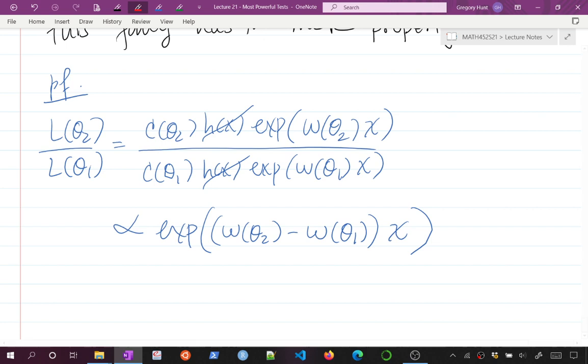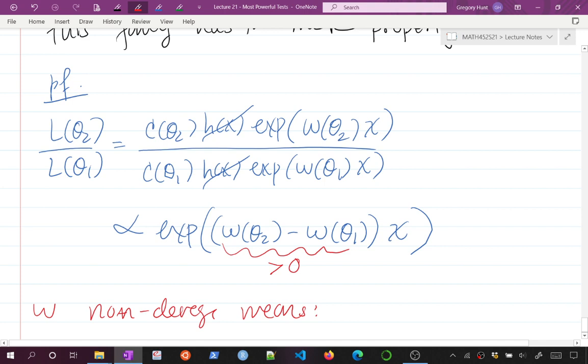And if w is non-decreasing, then this thing is positive. Because w non-decreasing means, definitionally, that if theta 2 is bigger than theta 1, then w of theta 2 is at least w of theta 1, right? So this thing is at least non-negative.